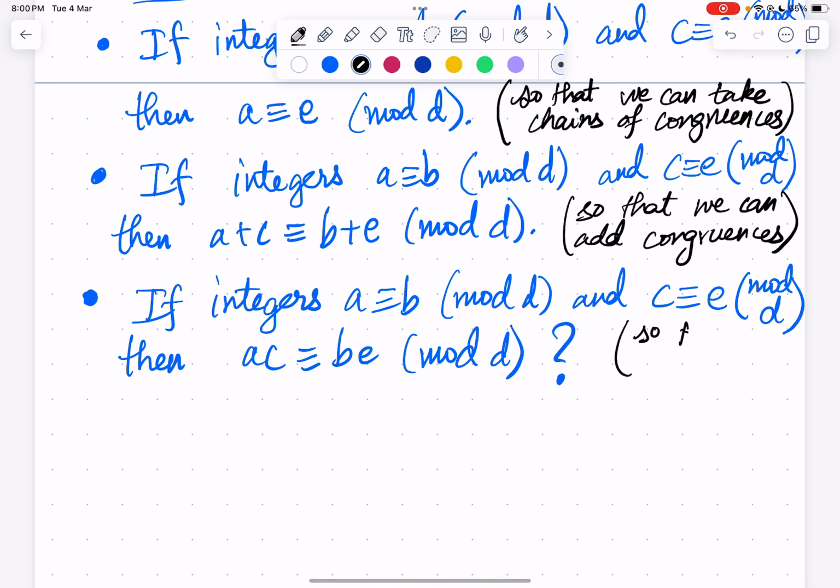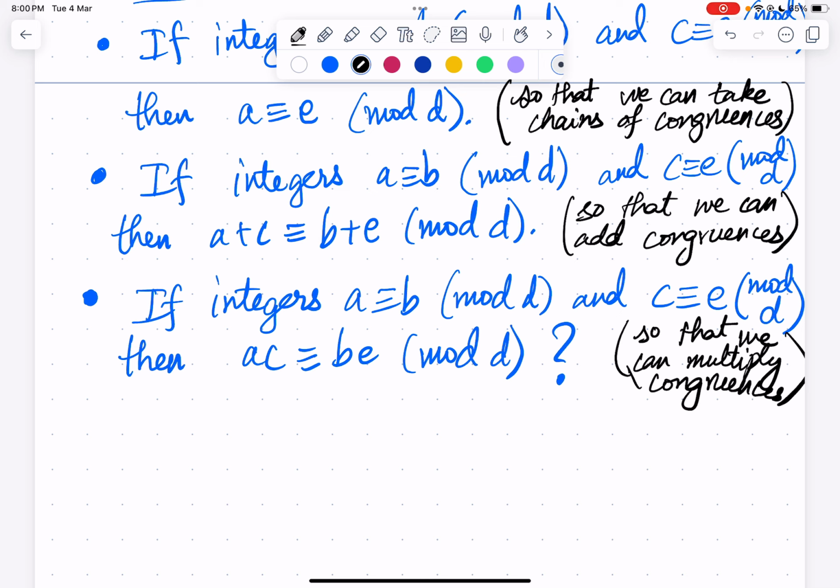This is so that we can multiply congruences like we multiply equalities. We should be able to take chains of congruences like we take chains of equalities.